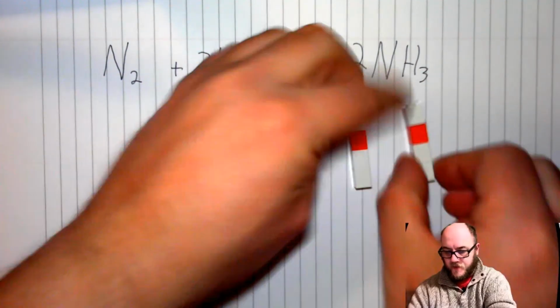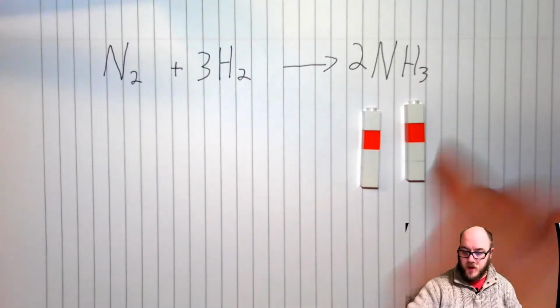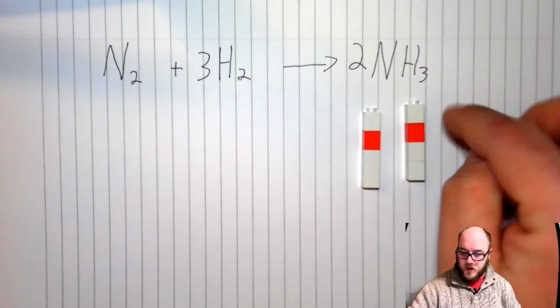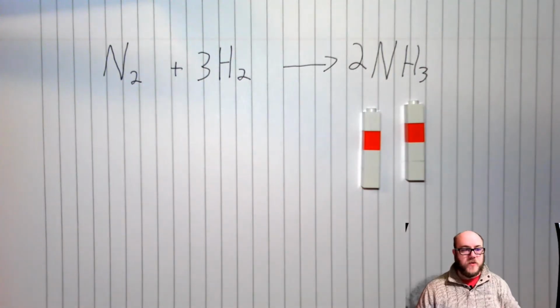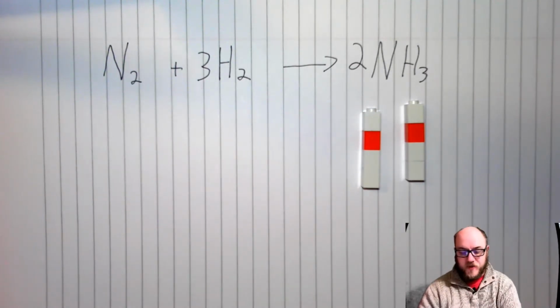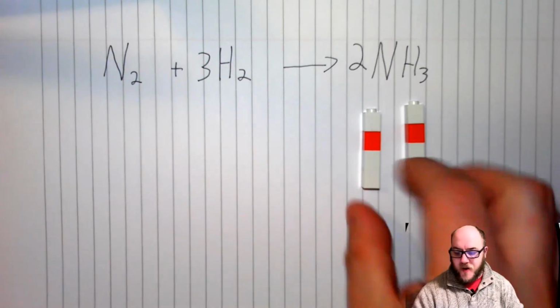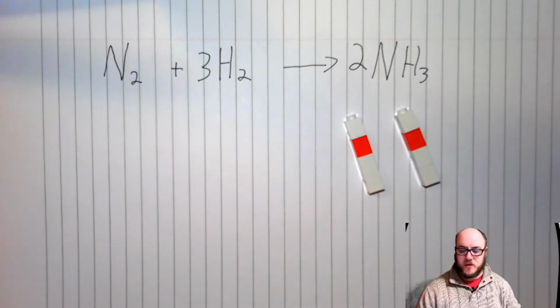There we go. 2, because there's 2 of them, N, H3, 1, 2, 3, NH3. Okay, so that's what we're doing with balancing equations. We're making sure that what we start with, we end up with. I did not add or take away any of these little Lego blocks when I did the reaction.